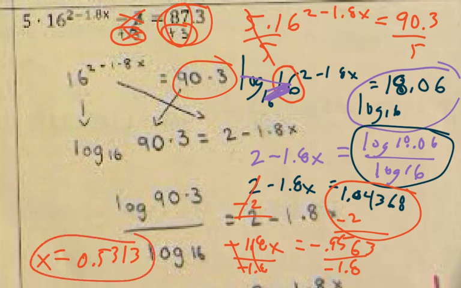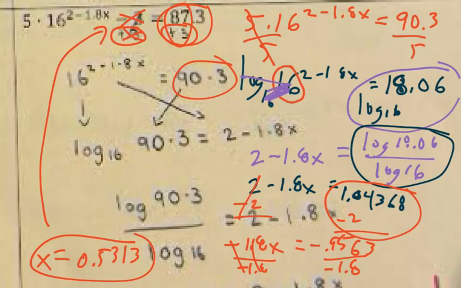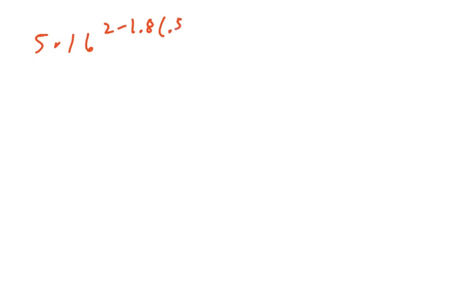Okay, so now what we can do though is plug it in just to check to make sure it works. And so that's actually what I'm going to do here. I'm going to do 5 times 16 to the 2 minus 1.8 times my x, which is 0.5313.